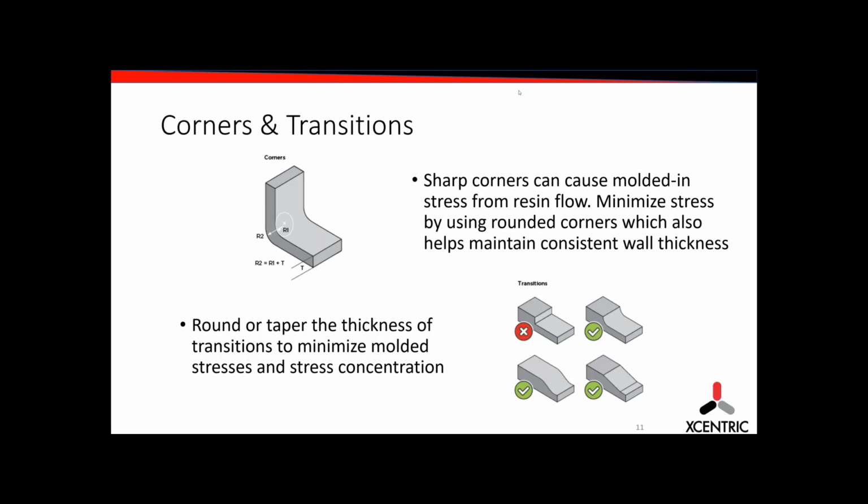Now, we know you can't always design a part that has a consistent wall thickness, and you're going to have variances. So when you're dealing with transitions, you don't want abrupt stops, like the example in the bottom right corner with the red X. You can see it's a 90 degree, just a hard stop, going from thick to thin.